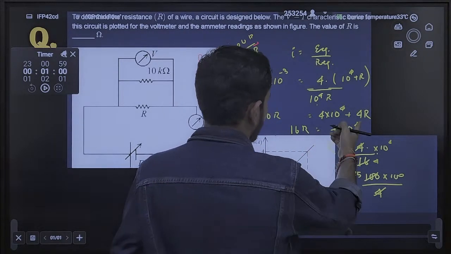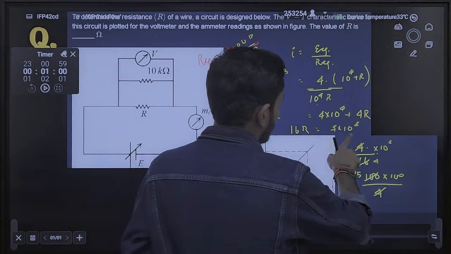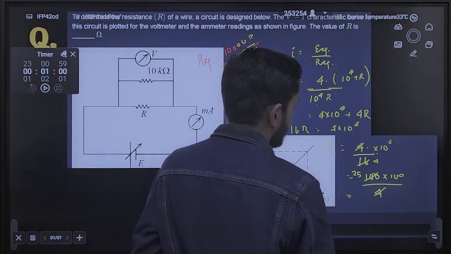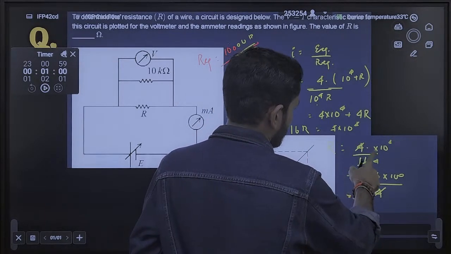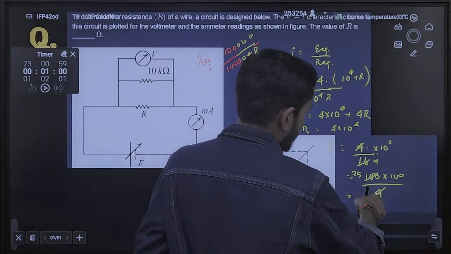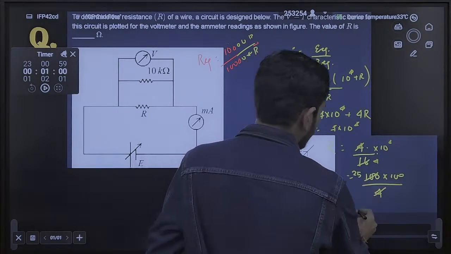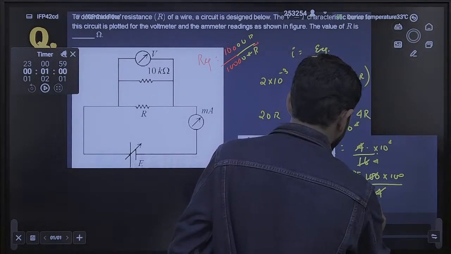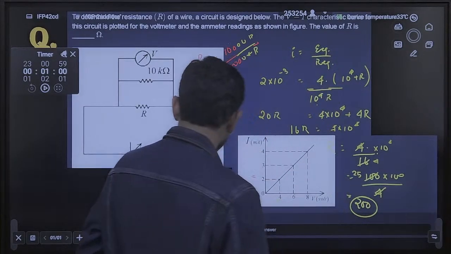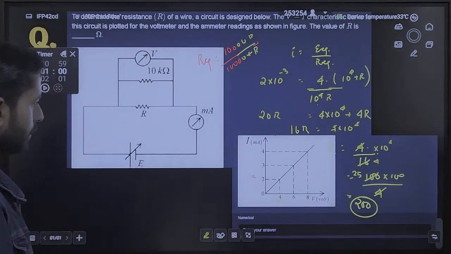Here you have taken it on this side, 4 into 10 power 4 R divided by 16, 4, you have got it. So the answer should be 250. This is the correct answer.